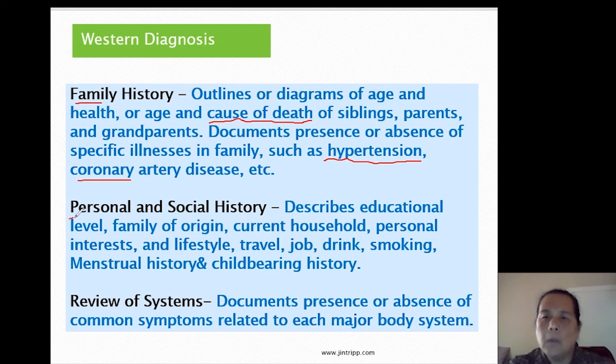Then we go to the personal and social history. That's basically about people's lifestyle, or whether they traveled to some special area or country, their job, drinking, smoking, and menstruation, something like that.